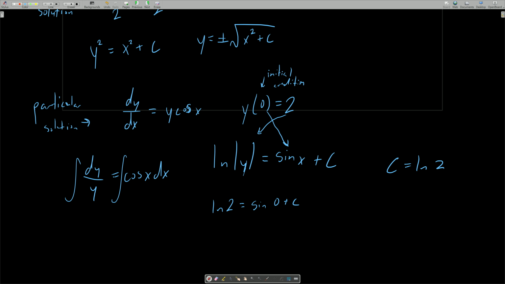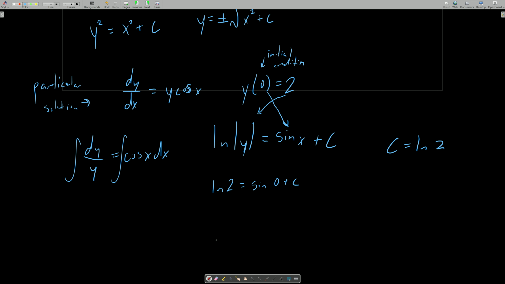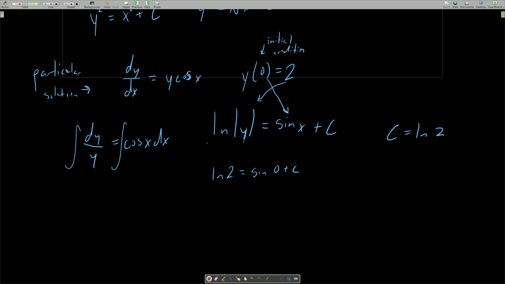Right, so now we keep working on the equation. ln of the absolute value of y equals sine x plus ln 2.